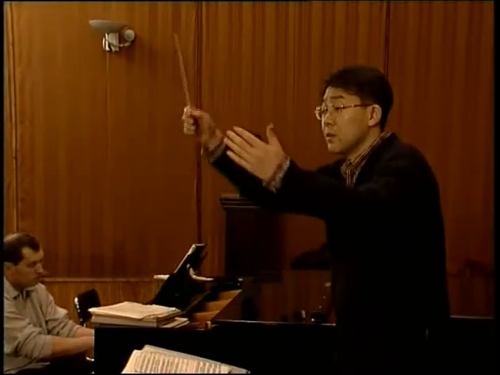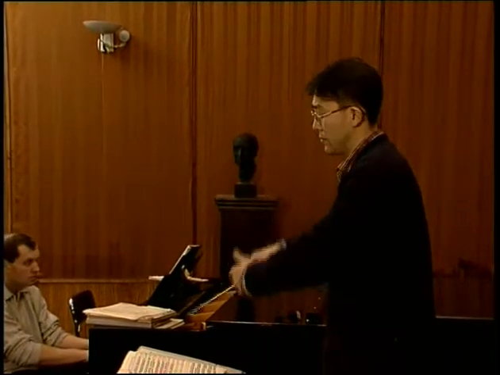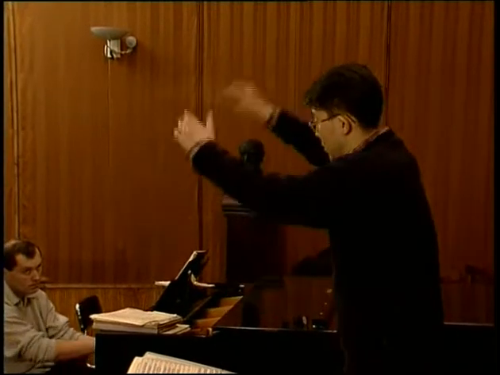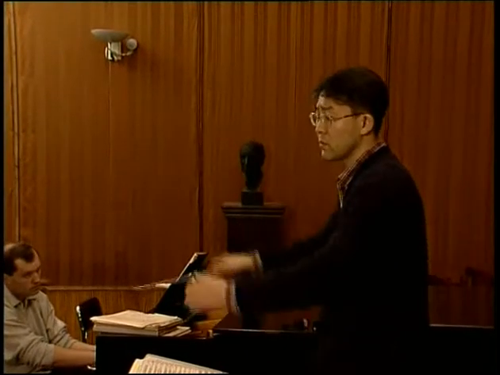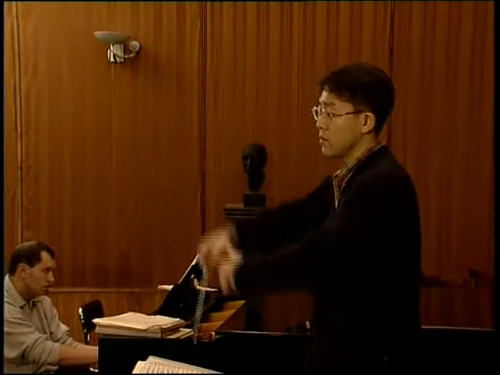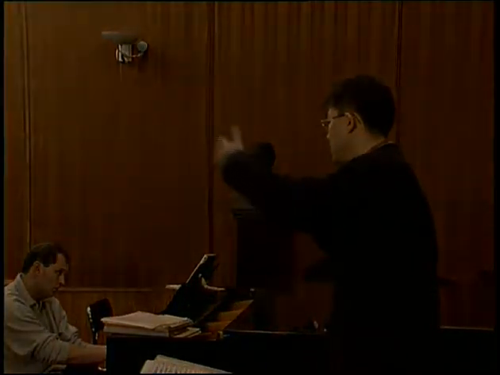Rimsky-Korsakov, Scheherazade, the third movement, in search of the right image.